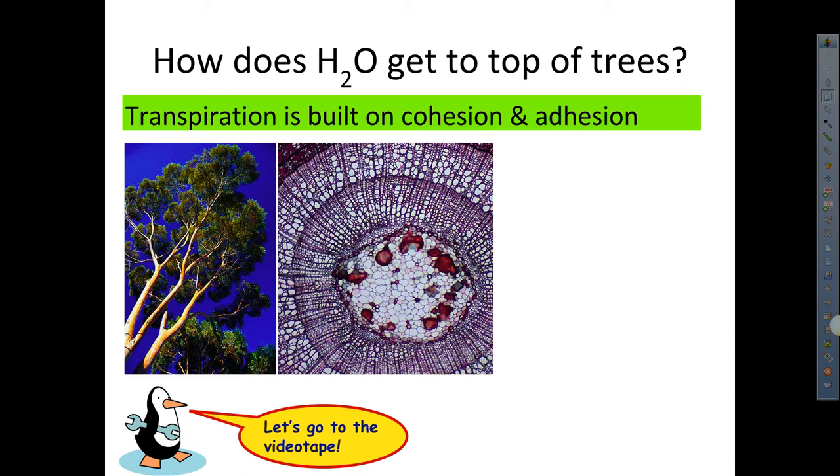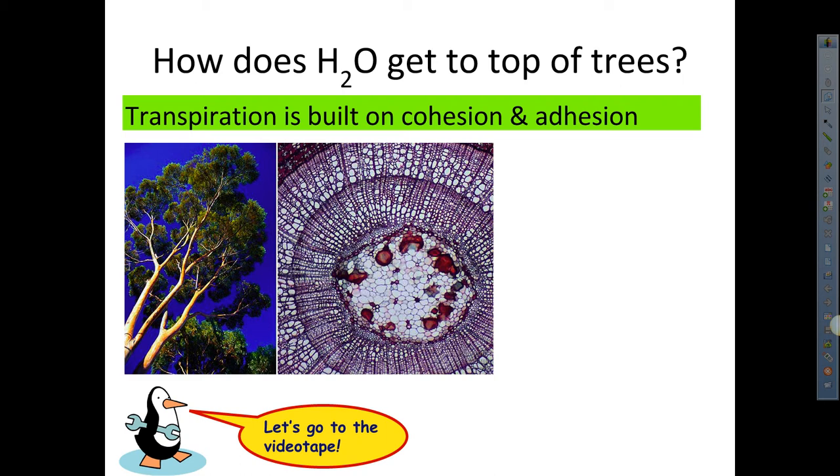And so a biological process for plants that is very important, that utilizes both of these properties, is called transpiration. And transpiration is the movement of water from the roots to the tops of the leaves, exiting the plant. And so water moves from roots to the top, from down up.